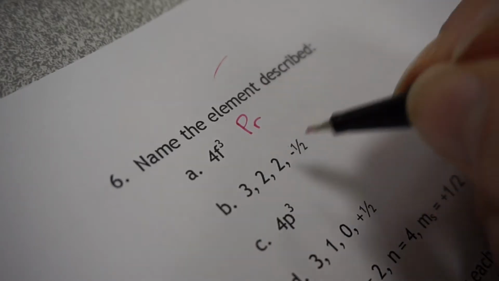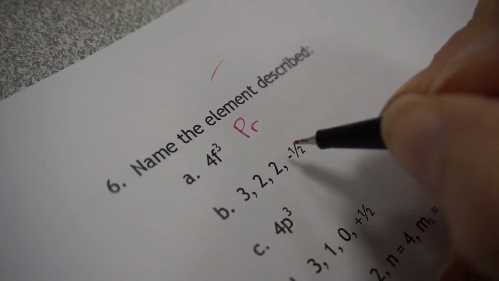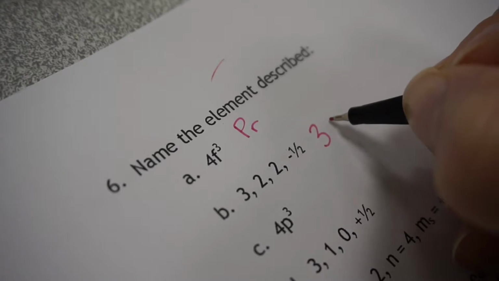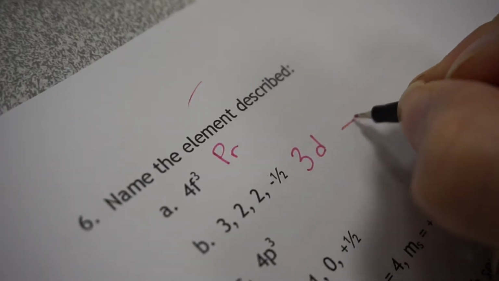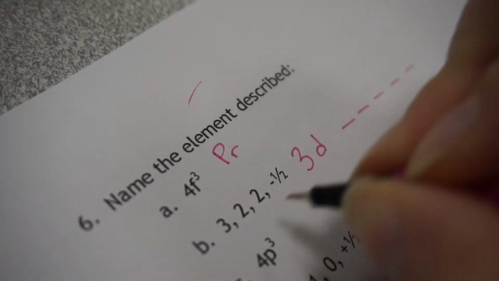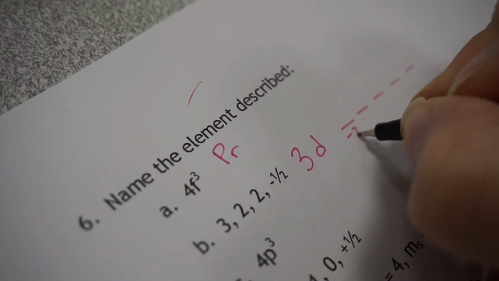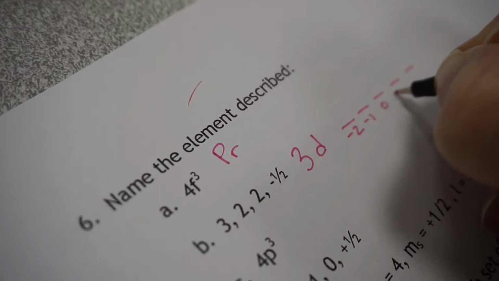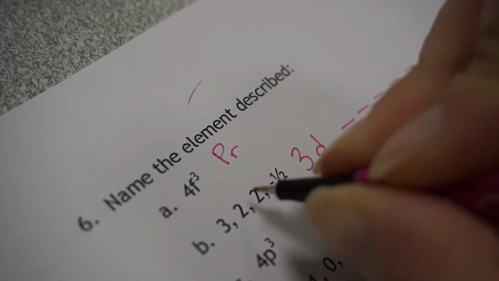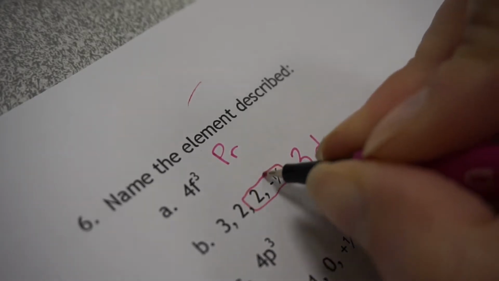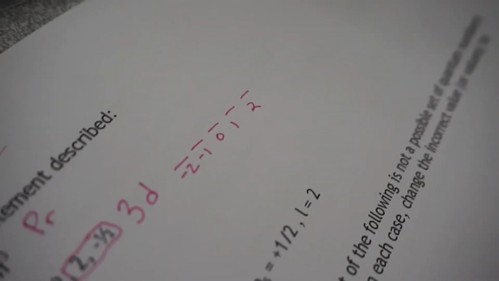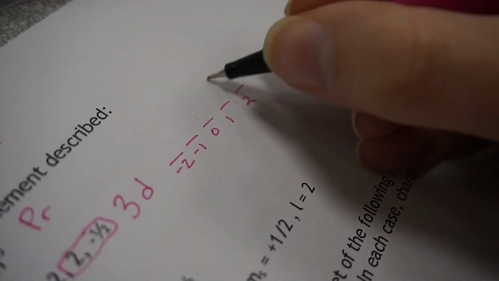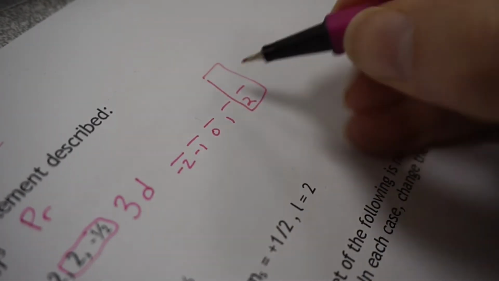And then you're going to name the element described. So that's 3, 2 is d. Then you have 1, 2, 3, 4, 5, and it's -2, -1, 0, 1, 2. And then it's in the 2nd with the -1/2. So it's going to be here. It's basically the very last one, isn't it?